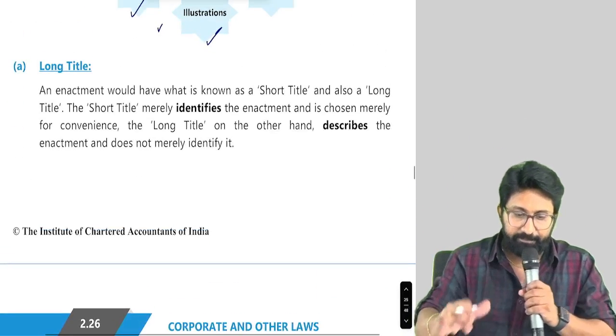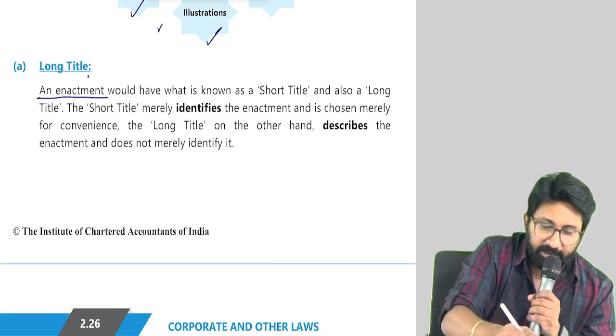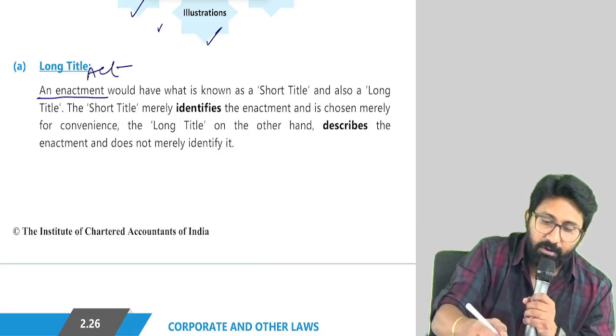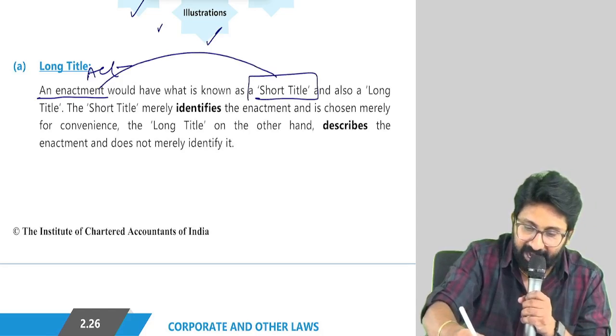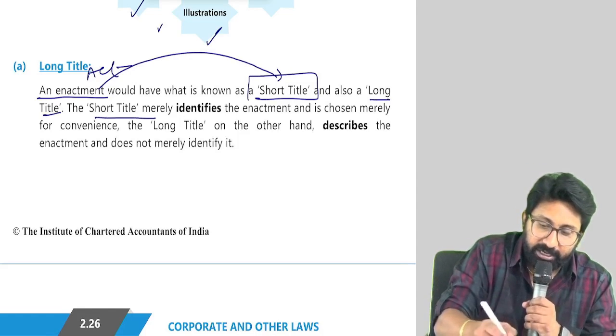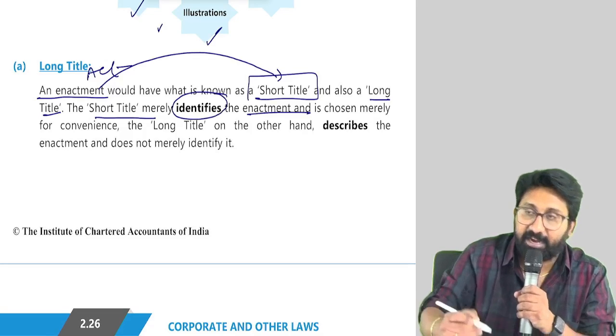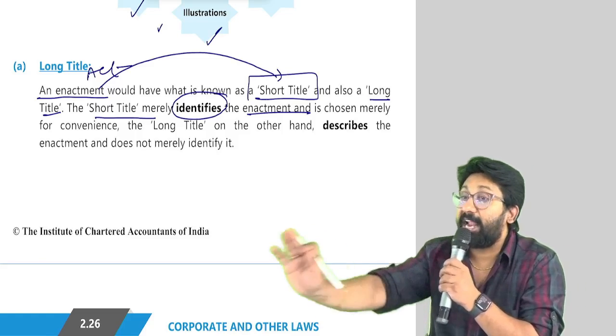Okay. See here. First read and then write. An enactment, an act, would have what is known as a short title. So the name of the act is called what? Short title. And also a long title. Short title merely identifies the enactment, meaning the Companies Act 2013. It just identifies the act.